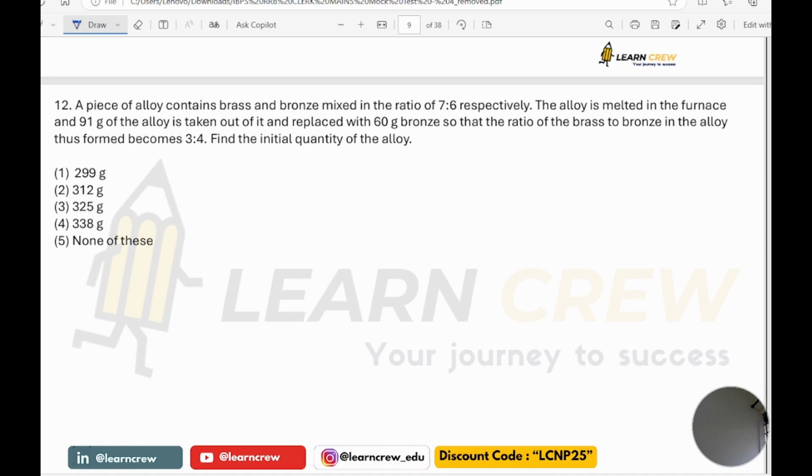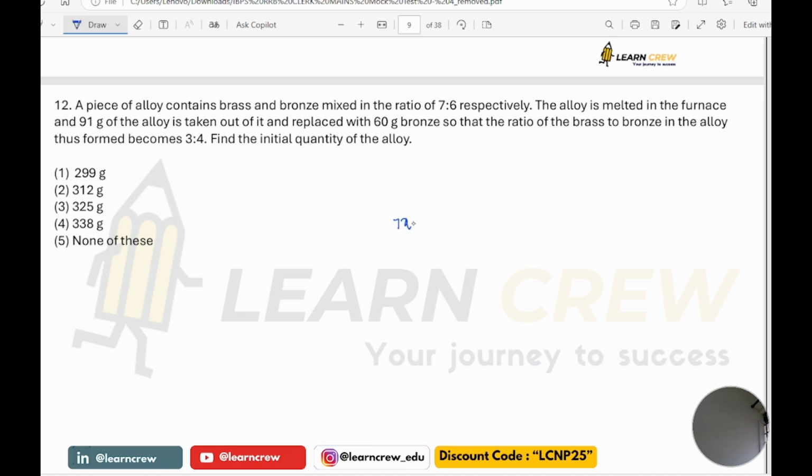Next, a piece of an alloy contains brass and bronze mixed in the ratio 7:6 respectively. The alloy is melted in the furnace and 91 grams of alloy is taken out of it and replaced with 60 grams of bronze, so that the ratio of brass to bronze in the alloy thus formed becomes 3:4. So 91 is 13 parts, each part 7, so 49 and 42.